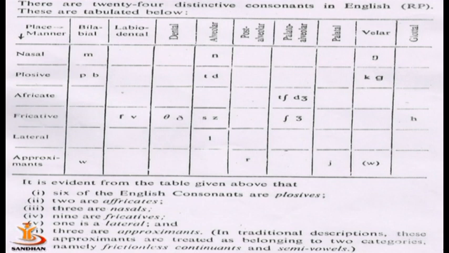What are we trying to do in this chart, my dear students? We are trying to describe the consonants of the English language. Okay? So we have 24 consonants in the English language. I have here for you the phonetic symbols. Remember?